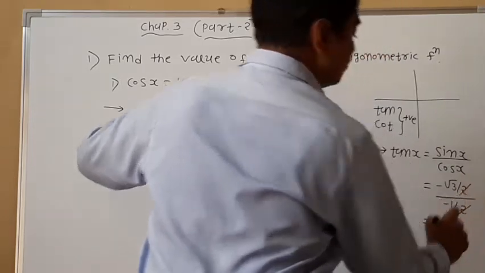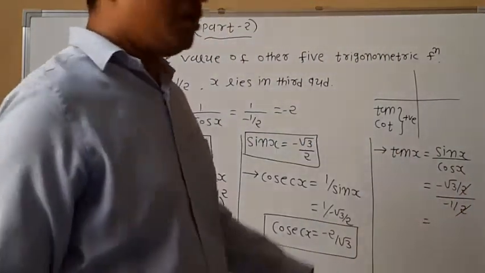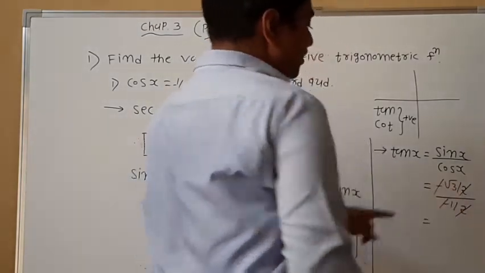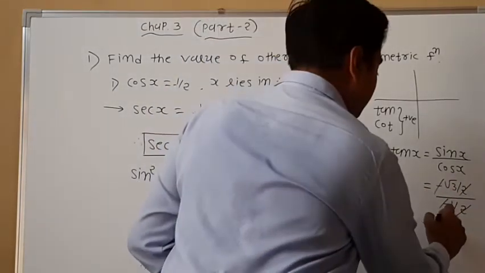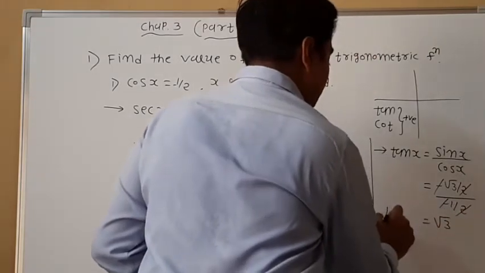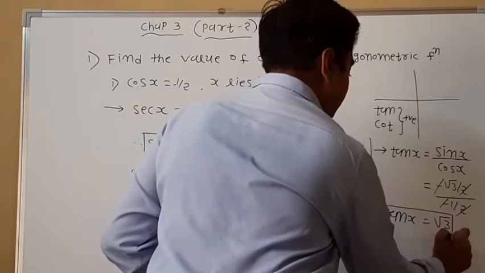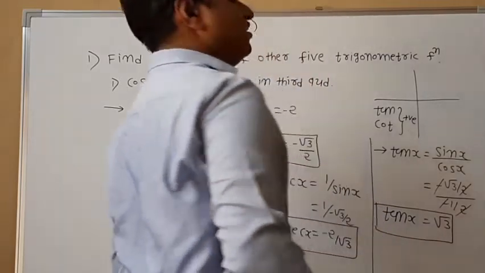Now the 2 cancels out here, the minus sign also cancels out here, right? So the remaining term is root 3. So here we get the value of tan x is equal to root 3.